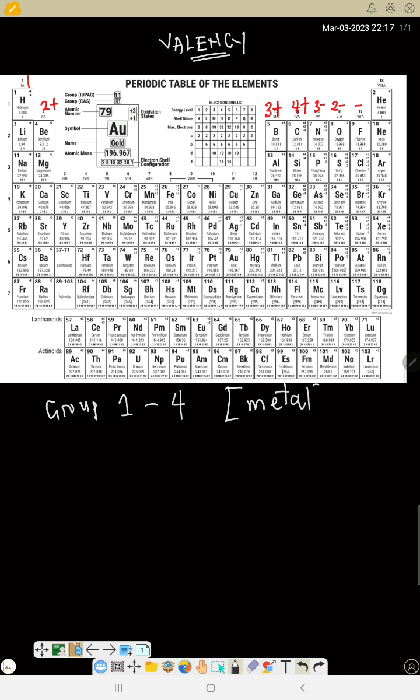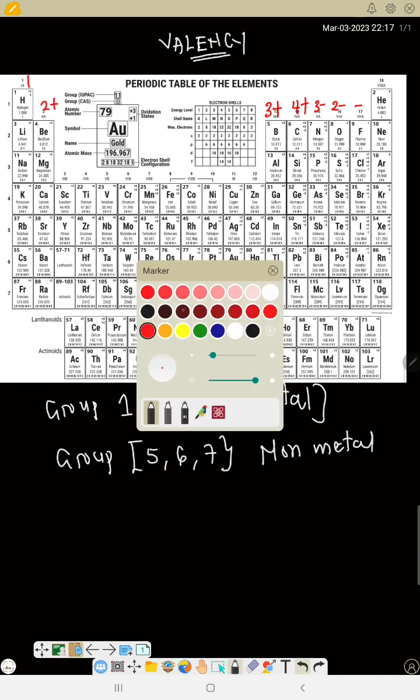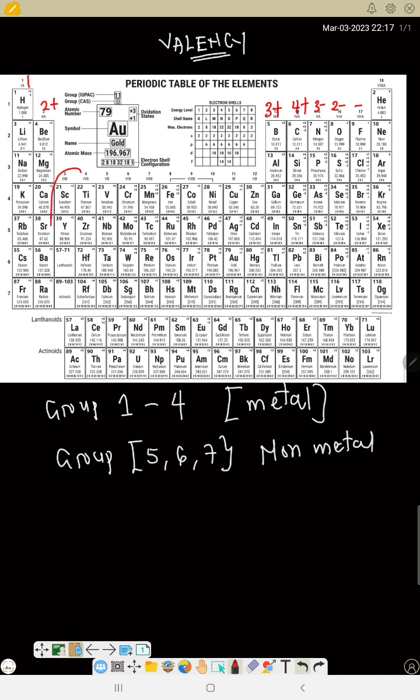Know it this way: group 5, 6, 7 are non-metal. Those ones we skip here are transition metals. They have more than one valency.